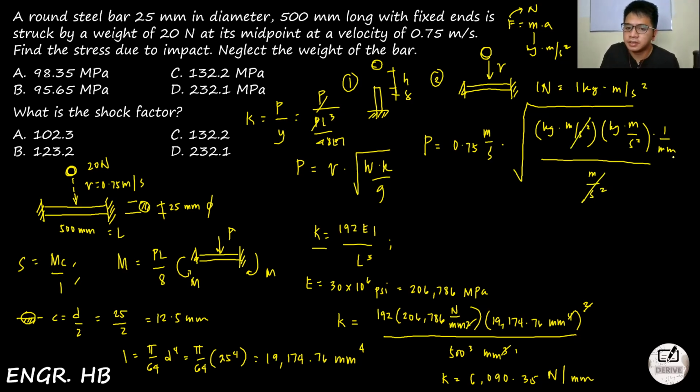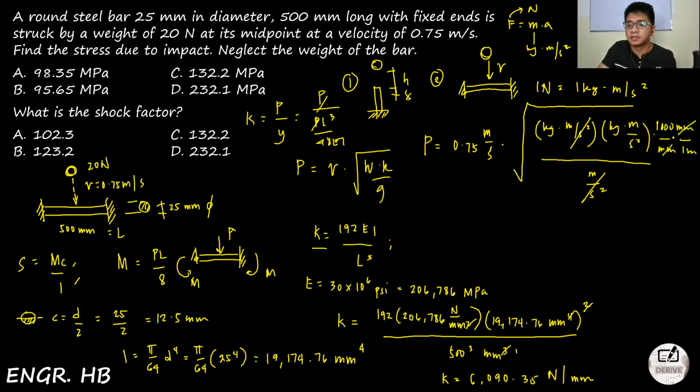Okay, so dito pa lang pwede tayo mag-cancel ng meters per second squared, meter per second squared. So, ibig sabihin, kailangan makancel si M tsaka si mm. And we all know that 1 meter is 1,000 mm. So, saan natin pwedeng ilagay? So, para maging mm to, we need to multiply this on 1,000. Kasi nga 1,000 mm is 1 meter.